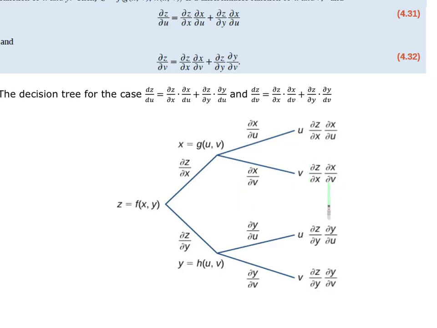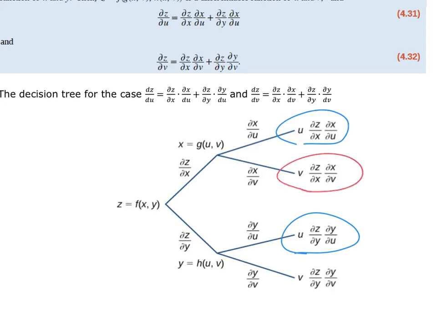The partial derivative of z with respect to u will be this branch and this branch. And then the partial derivative of z with respect to v would be this branch and this branch. Again, I multiply along the branches, and then I add the appropriate branches.